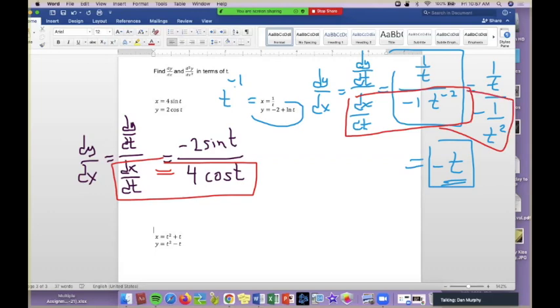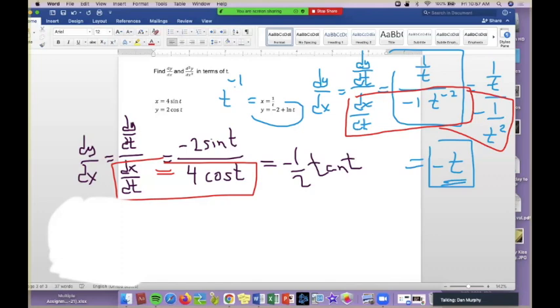Okay, so the second derivative, let me do what I think is the easier one. Let's take a look at the one with the cosines and the sines. It's probably easiest if you rewrite this thing as -1/2 the tangent of t.